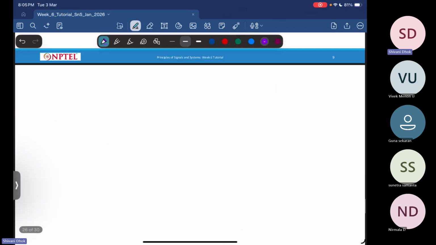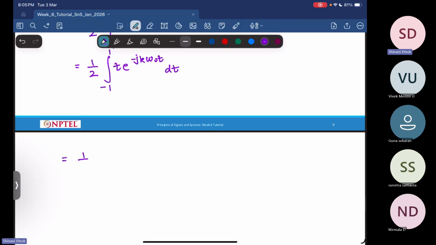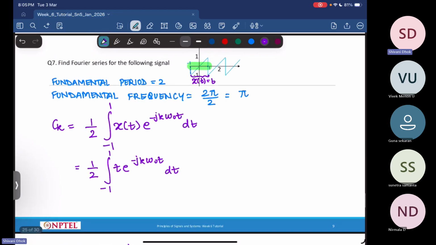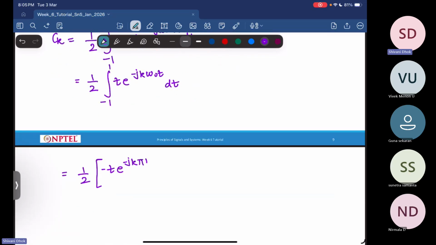So let me add a blank page. This is equal to 1 by T, and I can apply integration by parts: the first term as it is, t into e power minus j k pi t by minus j k pi, from minus 1 to 1, minus integral from minus 1 to 1 of the derivative of t, which is 1, and the integral of e power minus j k pi t upon minus j k pi dt.